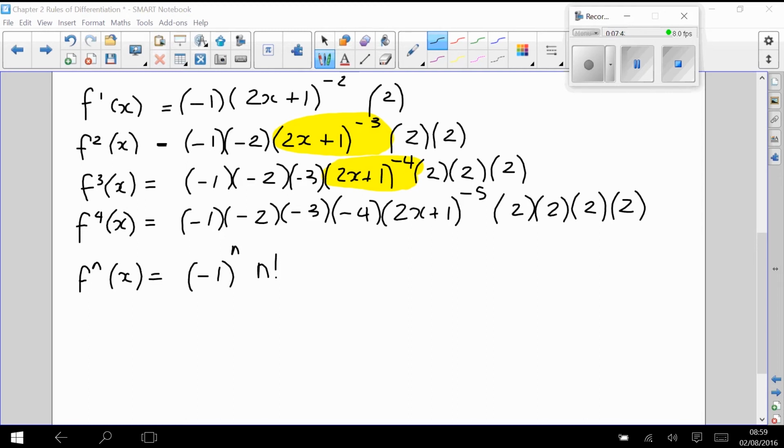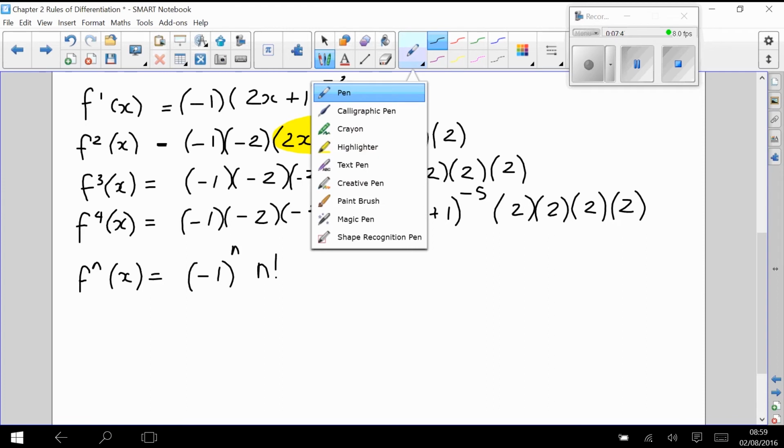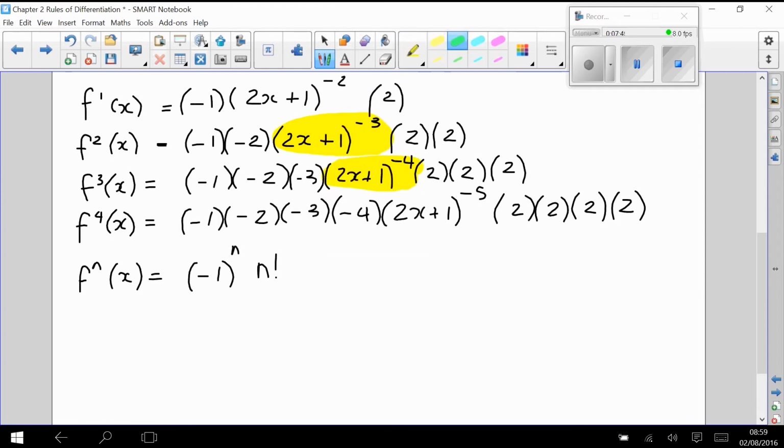In the fourth derivative, it was to the minus 5. Every single time, take a look at the derivative that you had, the first, or the second, or the third, or the fourth, and try to find a link between that number and the number that you've got for the bracket.